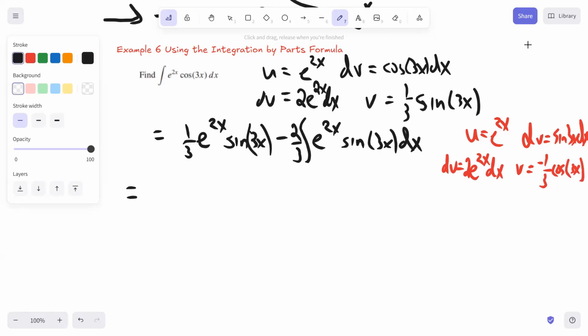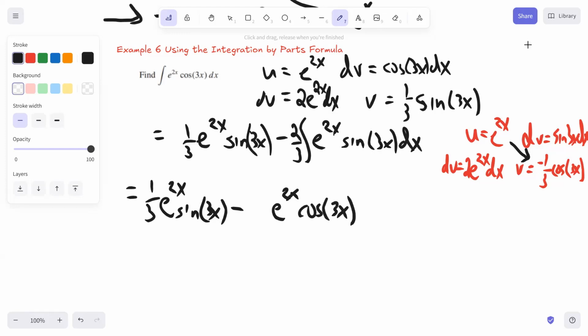Our problem now becomes 1/3 e to the 2x sine 3x minus 2/3 times the integration by parts. So e to the 2x cosine of 3x times 1/3 times the negative 2/3, which would give us actually positive 2/9.